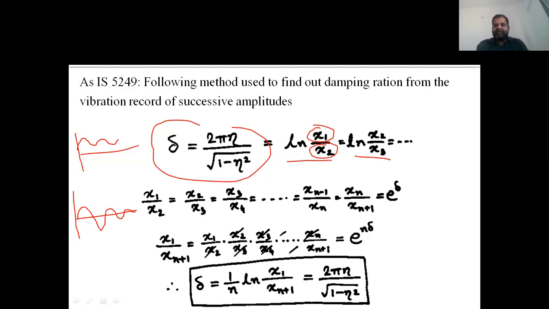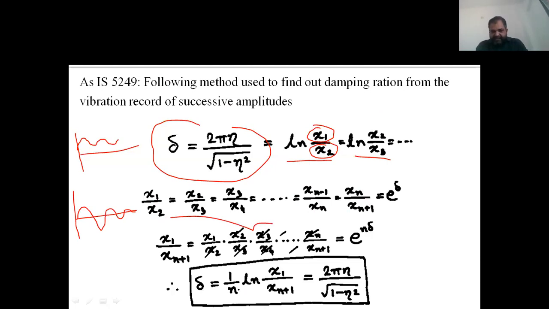If you simplify this equation, then x1 by x2 is equal to x2 upon x3, and so on up to xn upon xn plus 1. Taking ln on the other side, it becomes e raised to delta. Now if I take n number of cycles, this will become e raised to n delta.